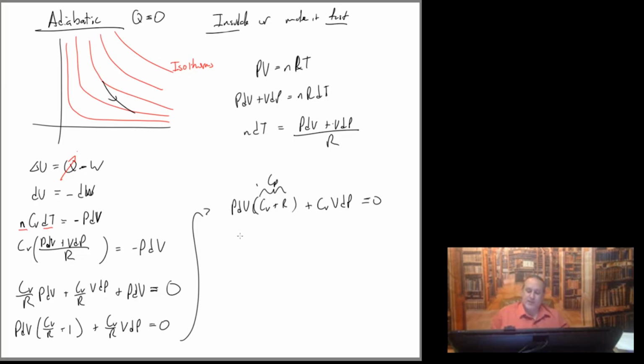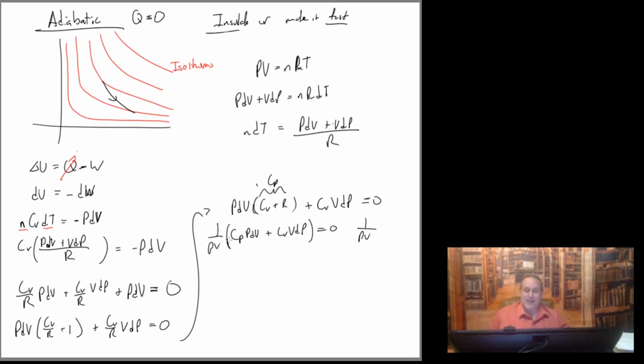So we have Cp times P dV plus Cv times V dP equals 0. And I want to separate the variables. So I'm going to divide both sides by V and by P. So I'm just dividing by 1 over PV on both sides.